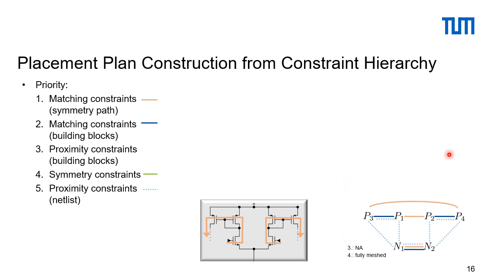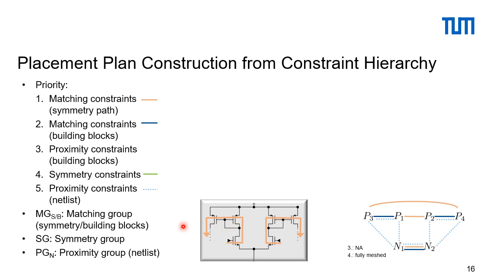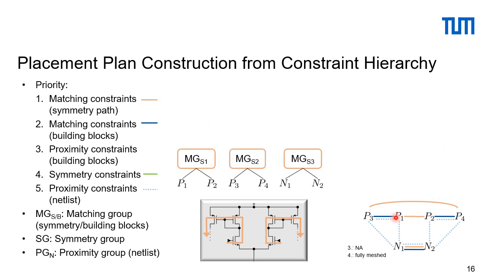So from this, what we do now is we build matching groups from symmetry and building blocks, then we build symmetry groups and then proximity groups. The first thing is the matching constraints. This gives us that P1 and P2 should be a matching group, P3 and P4, N1 and N2 another matching group.